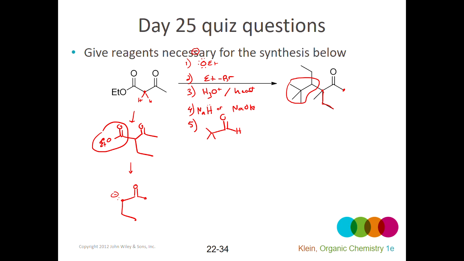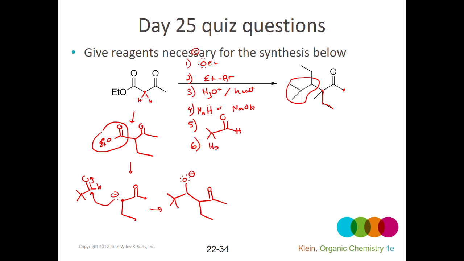And since this doesn't have an alpha carbon, it's safe to add all that together because there's only one alpha carbon that can form an enolate other than this one, where it won't form because it's not as stable to form the enolate on that side when there's no R groups to stabilize the pi bond. So this would come in here and attack. Pushing electrons up. So I'm basically utilizing the aldol reaction here.